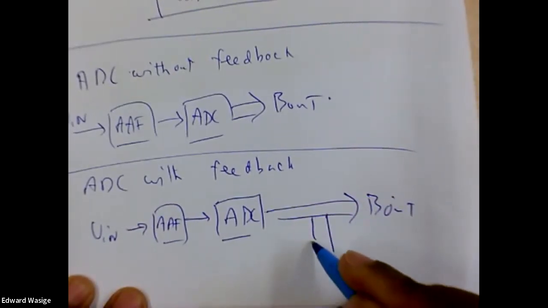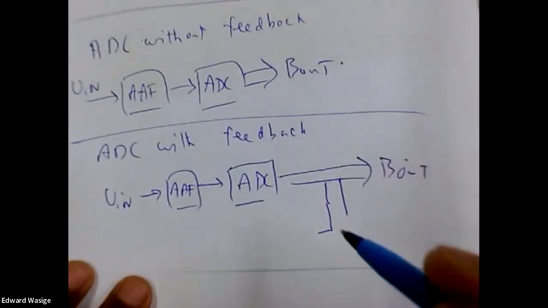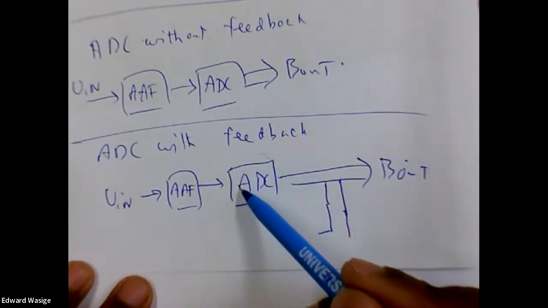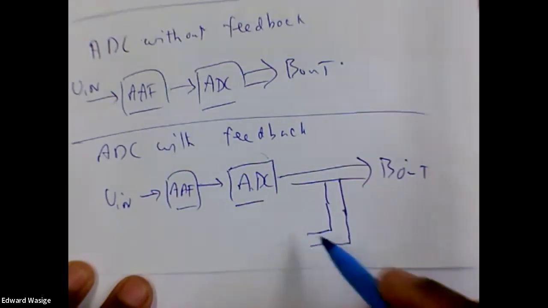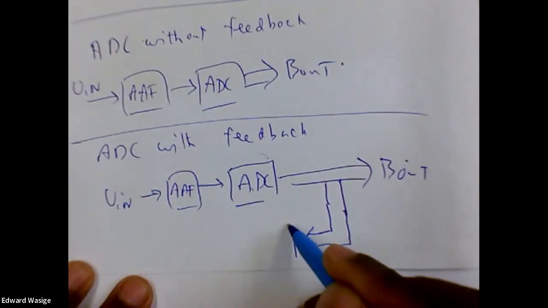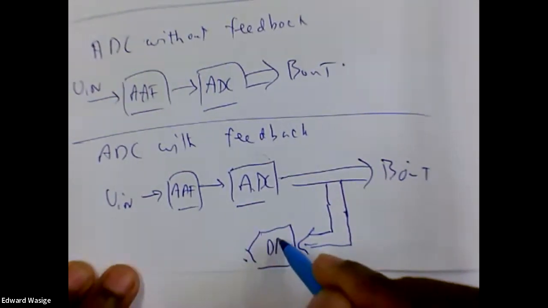But this output signal, I'd like to feed it back to the input so that any noise that is introduced due to the analog-digital conversion process, and we know quantization noise is introduced, is handled. So I can put that into a DAC.